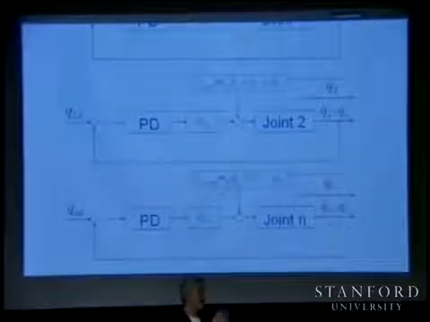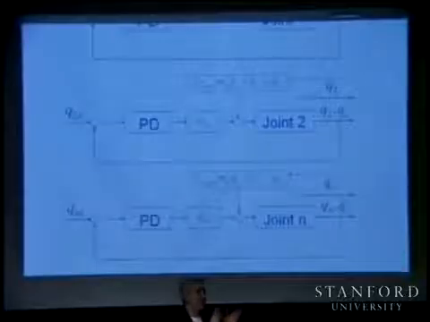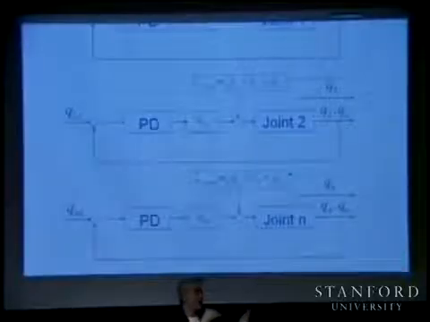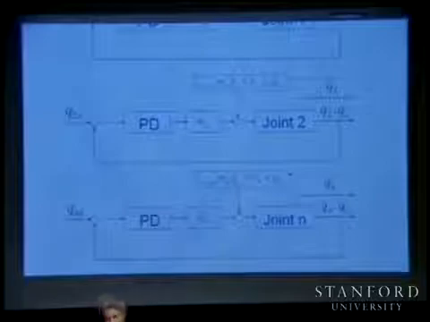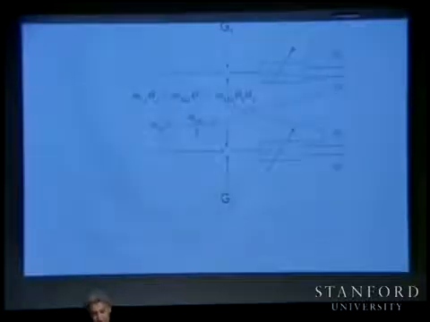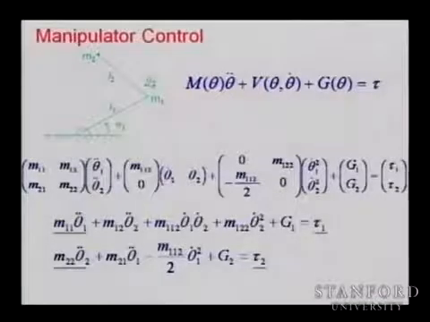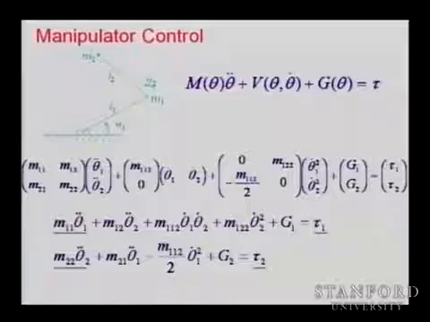Now, diagonalizing the matrix is not really the issue, because essentially you want to compensate for the coupling forces. So what you want to do is, for joint 2, to compensate for these coupling terms.